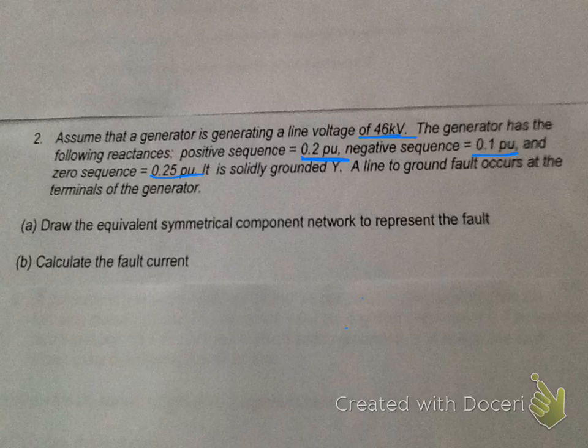Now the step for that is that you can convert the line voltage to phase voltage, but the base value will be the same as the actual value in this case, because you have to assume the base value is 46 kV converted to phase voltage. So the main point is that the base value equals the actual value.